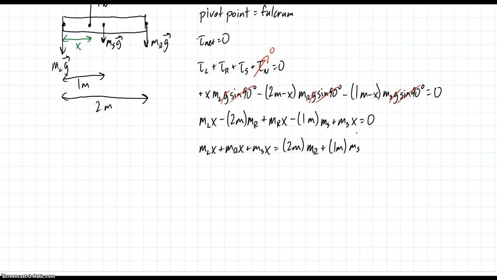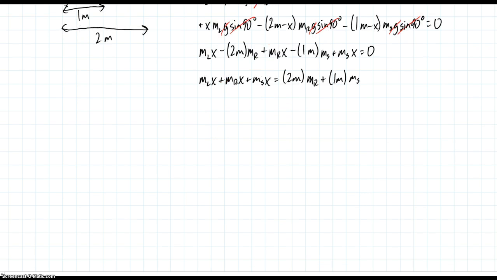Factor out an x on the left-hand side, divide by what is left. We get that x equals 2 meters times m sub r plus 1 meter times m sub s divided by the total mass.